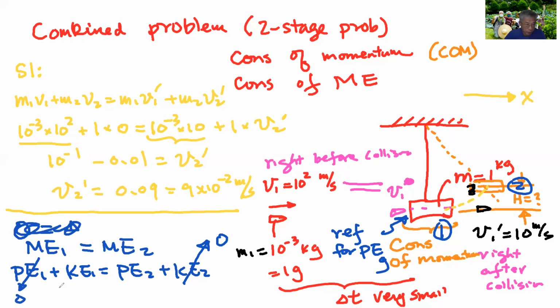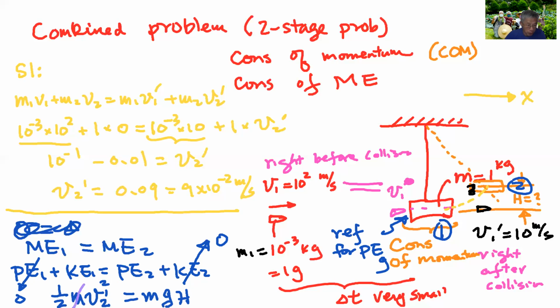So now I have 1/2 m v2 prime squared equal to m g h. That's what I have.